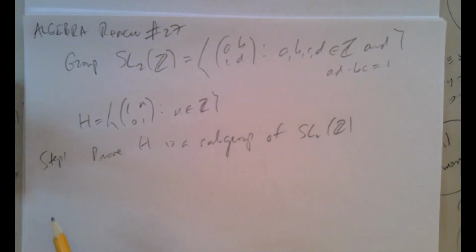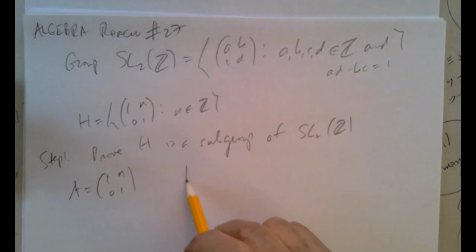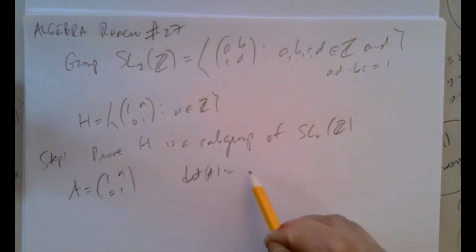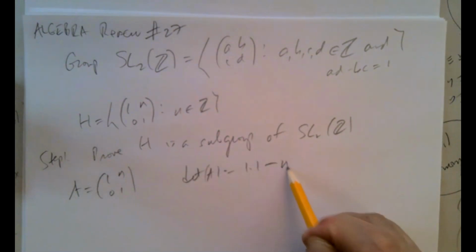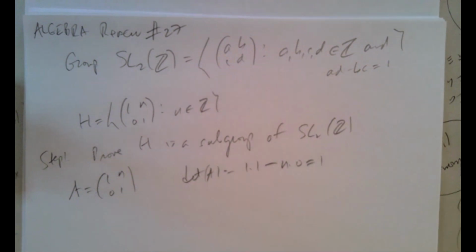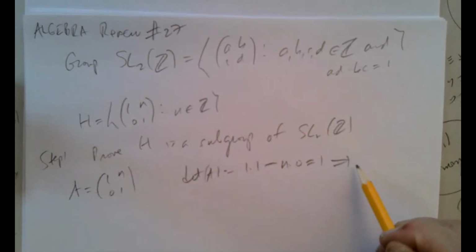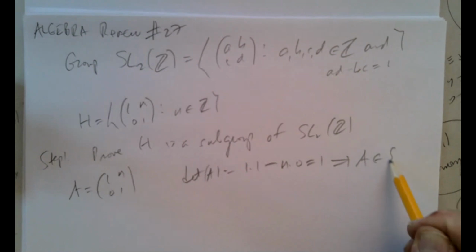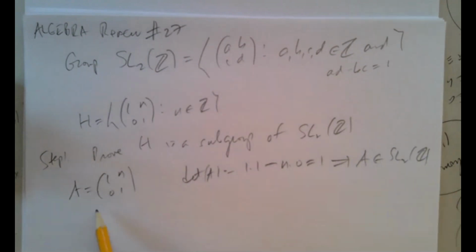So notice that if you take the matrix, let's say A equal to 1, n, 0, 1, then the determinant of A is 1 times 1 minus n times 0, which is 1. So A is in SL2Z. This is a matrix of determinant 1.